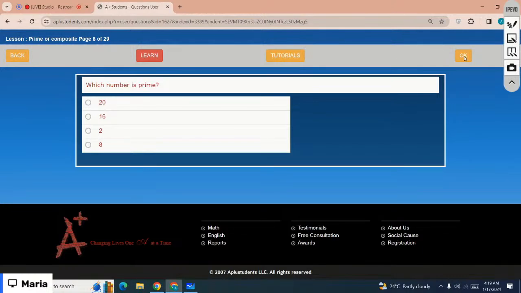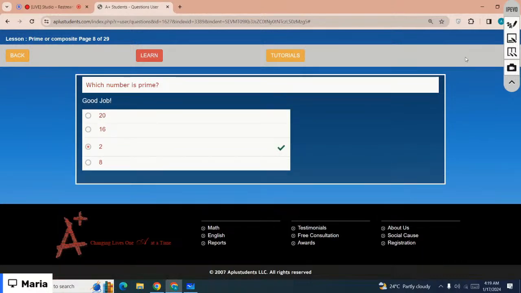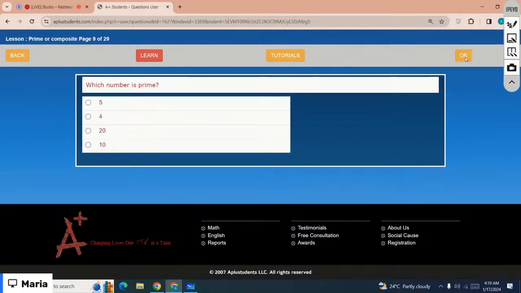Which number is prime? 20, 16, 2, and 8. Which number is prime? Yes, 2 is the only number that is prime here. The correct option is 2. Which number is prime? 5, 4, 20, 10.